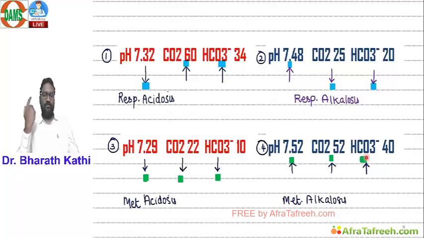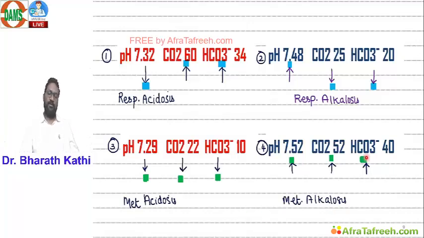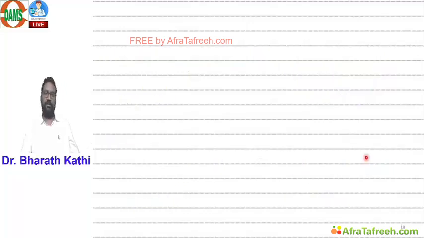You know, if there is primary respiratory disorder, you should calculate metabolic compensation. If there is a primary metabolic disorder, one should calculate respiratory compensation. It is all formula based. These are standard formulas.